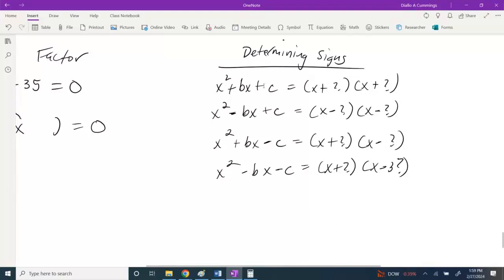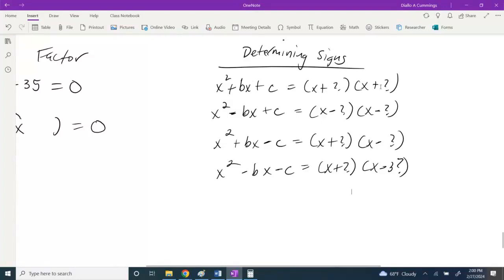So notice if you're trying to factor a trinomial, if your last term is positive, both of those numbers you choose are going to have the same sign as the middle term.